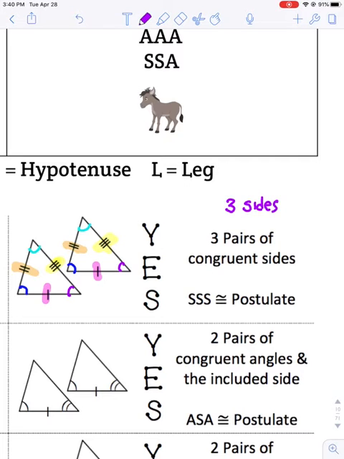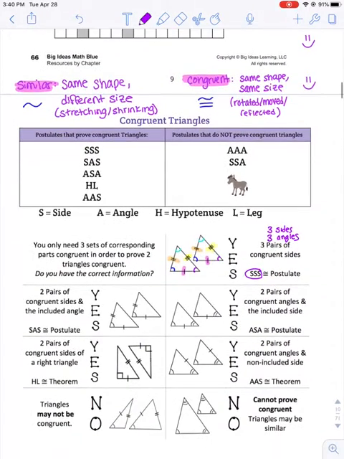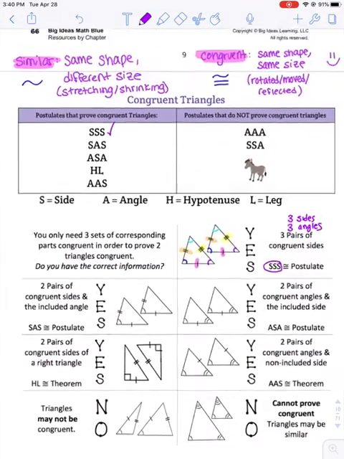Those are the 6 things you can know about a triangle. You can know about the 3 sides, and you can know about the 3 angles. So what this is saying is that if we know that 3 of the sides are the same, we can assume that the 3 angles are also the same. That's the idea behind this. So this one is side, side, side.